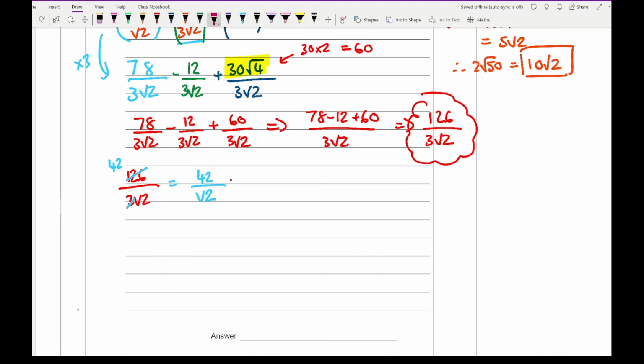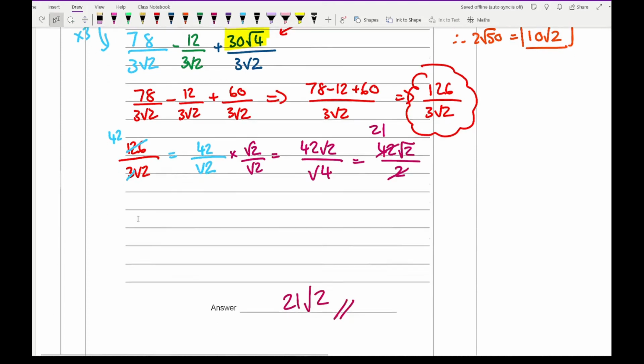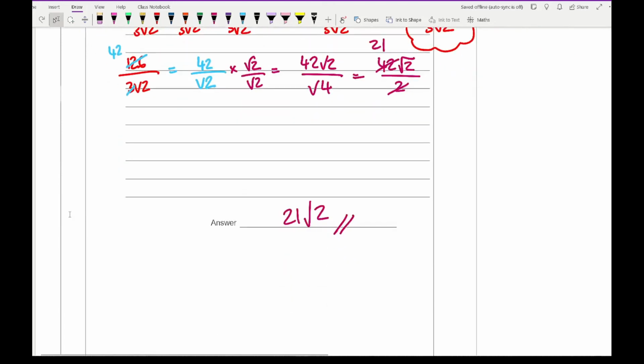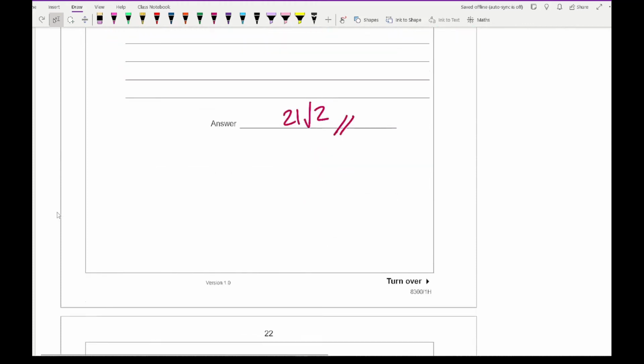Then if I rationalize the denominator from here, what I end up with is 42 root 2 over root 4, which is 42 root 2 over 2, and they then cancel up to give me my final answer of 21 root 2. Now you may have gone a completely different route to that, but as long as you get the answer of 21 root 2 and you show ample working out, there's a good chance you'll get your full marks.